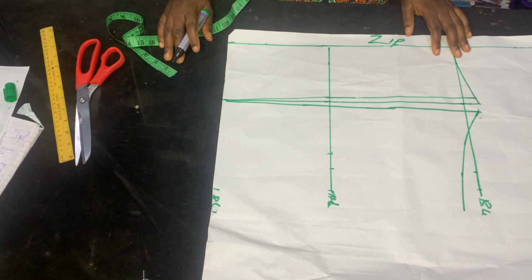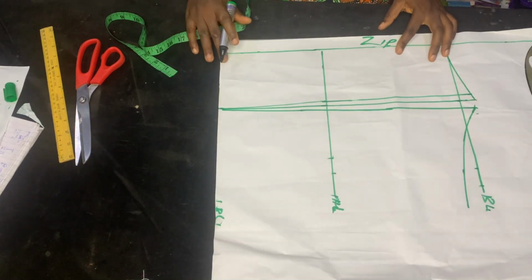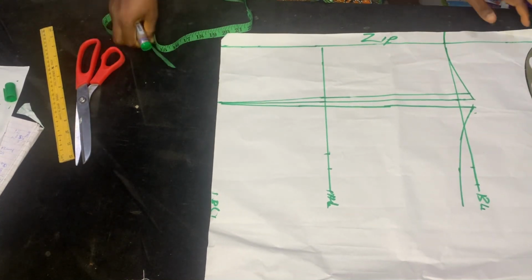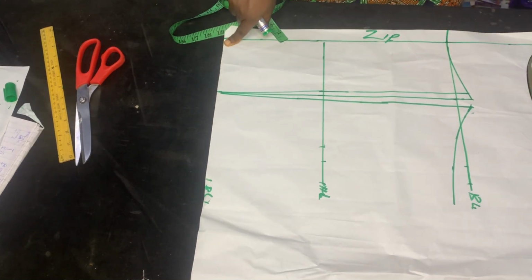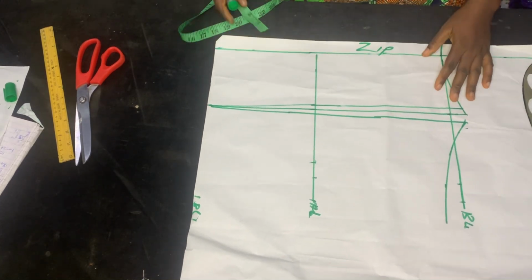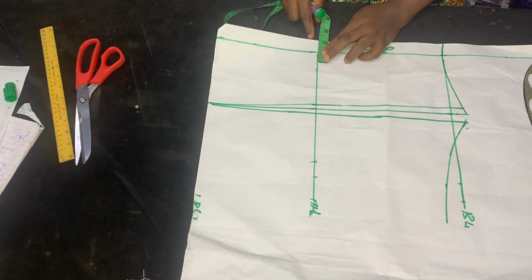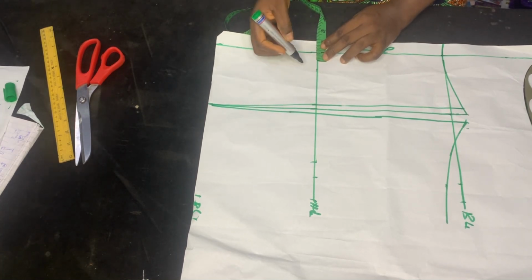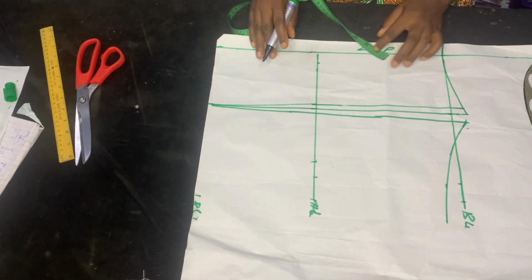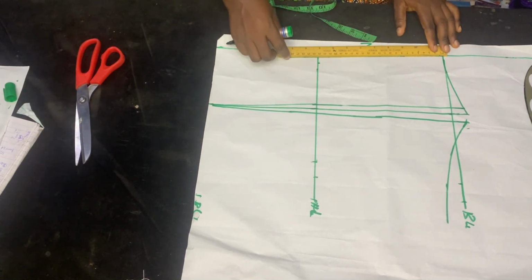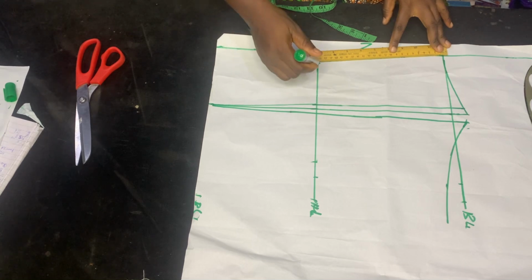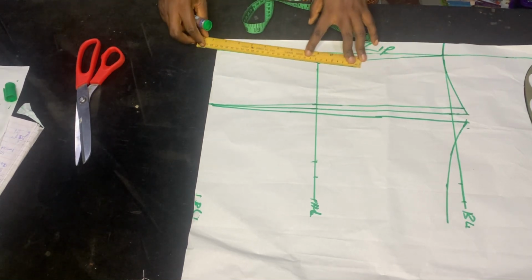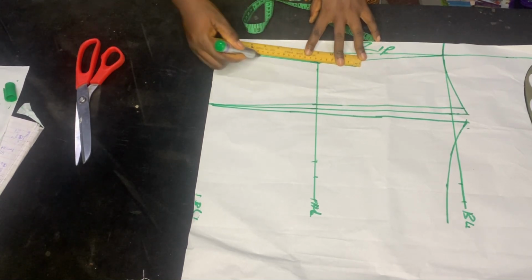So that's just it. So guys, at this point I'm confused because I just realized my mistake. So for the zipper bulging, I'm going to come in from that zipper line with ½ inch, and I'm going to connect it back to the zip line.